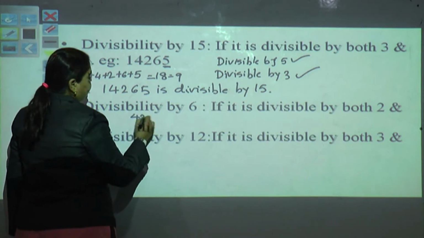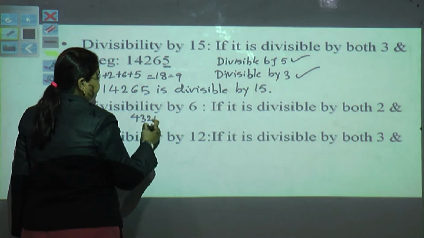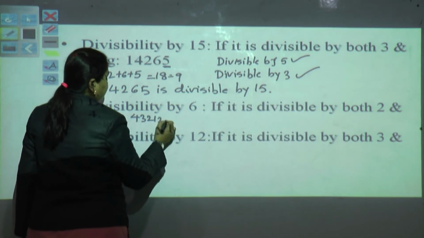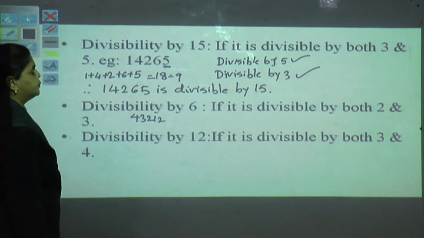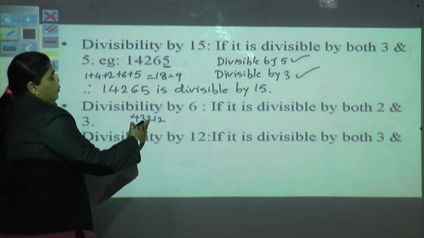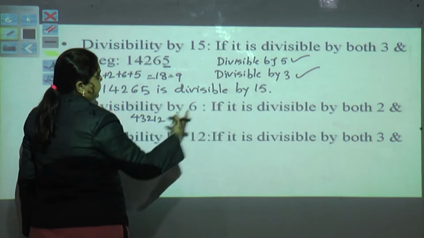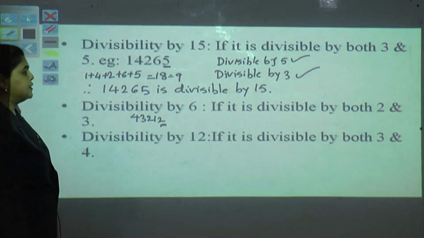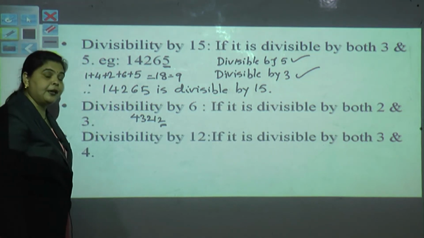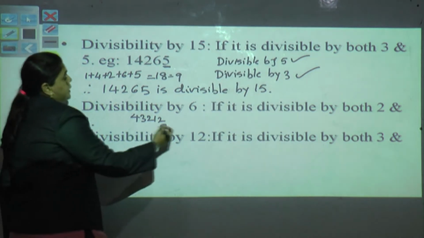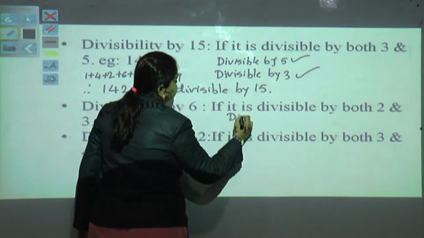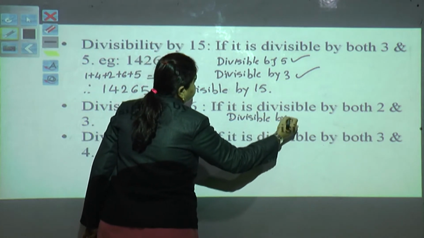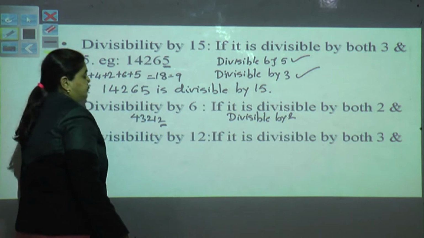Suppose it is 4, 3, 2, 1, 2. Is this number divisible by 2? Yes, because in the ones place we have an even number, 2. So we can say this is divisible by 2.